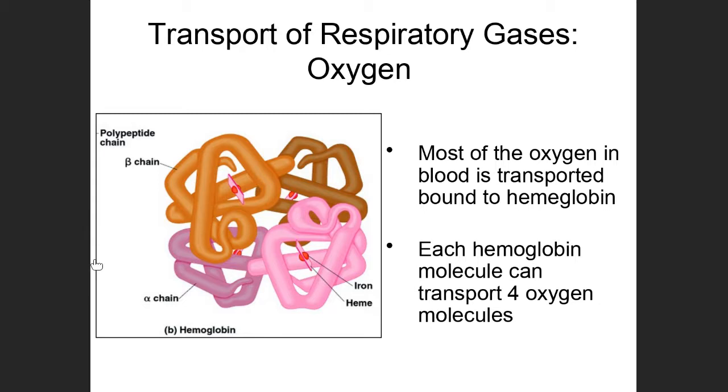Each of those 250 million molecules of hemoglobin are capable of binding to 4 oxygen molecules, and that means within a single red blood cell, we are able to bind about 1 billion oxygen molecules, which is a really incredible number. If you multiply that by the fact that you have trillions of these red blood cells in your body, our blood has an incredible ability to transport oxygen and a really high oxygen carrying capacity.